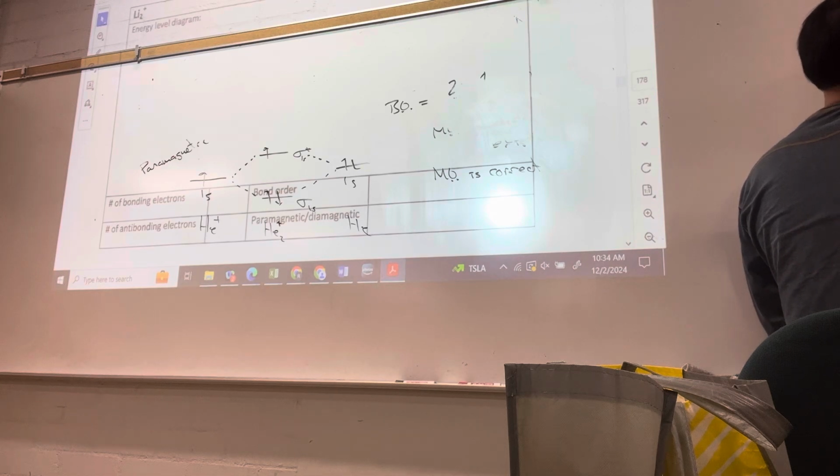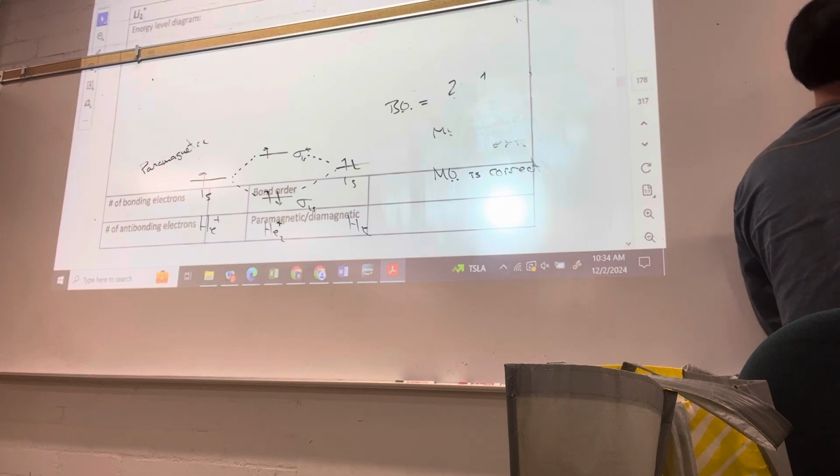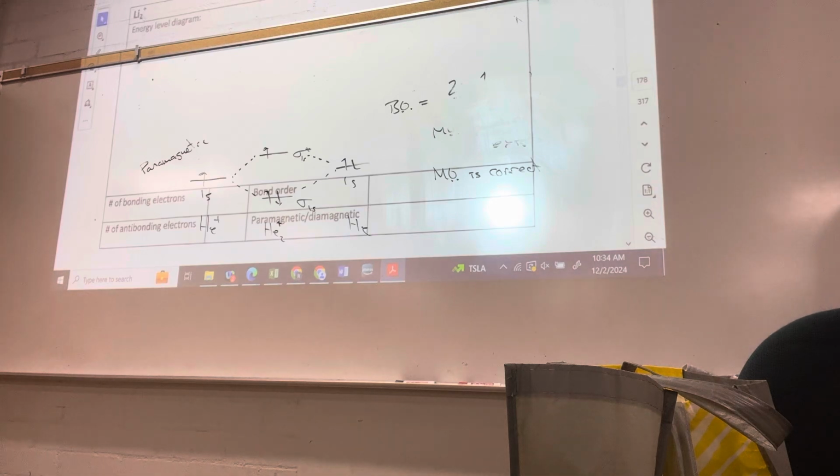Actually, how should I draw them? This. Now the 2s on atom B, we'll have a 2s here, and then 2p here.